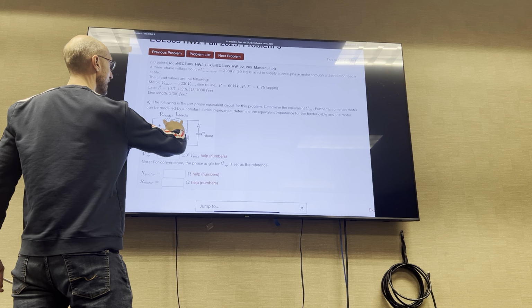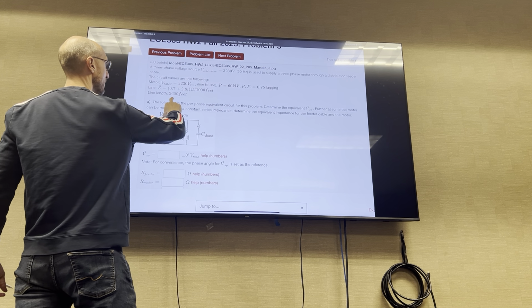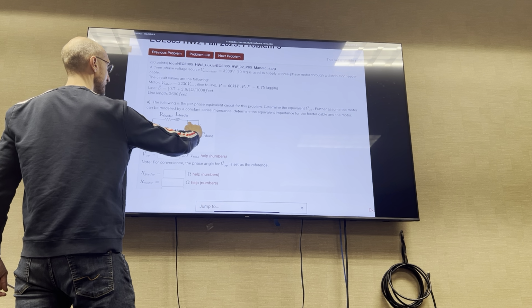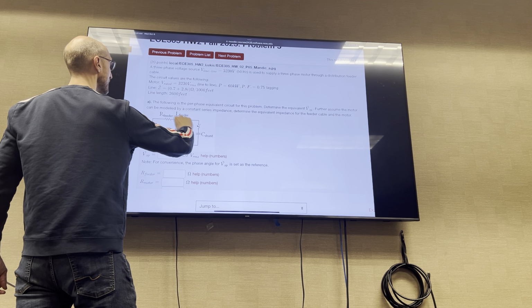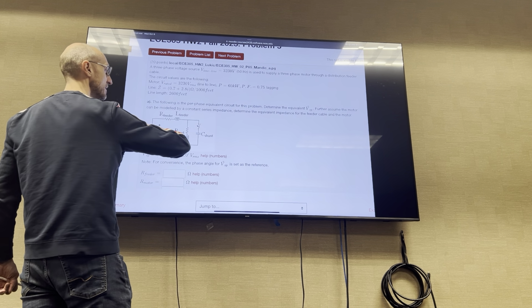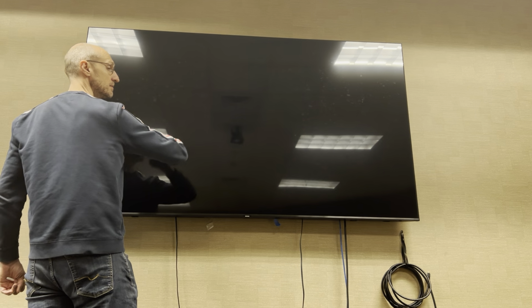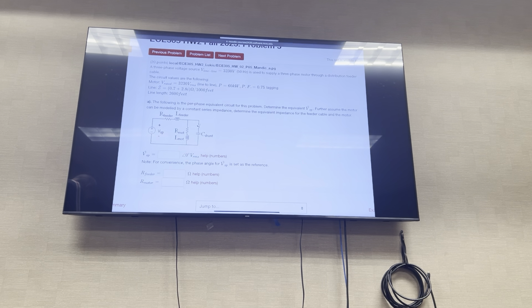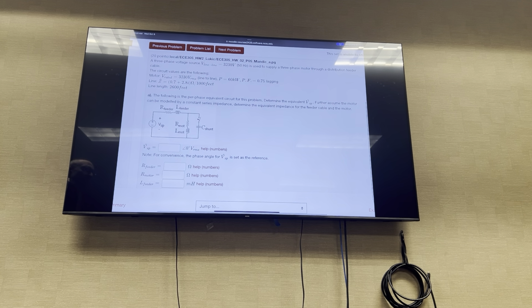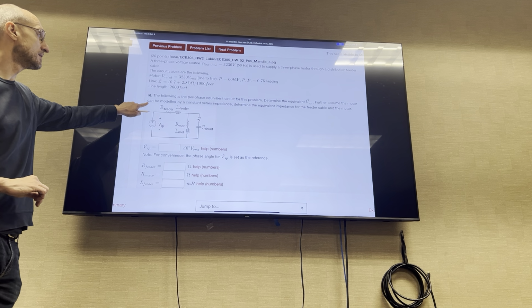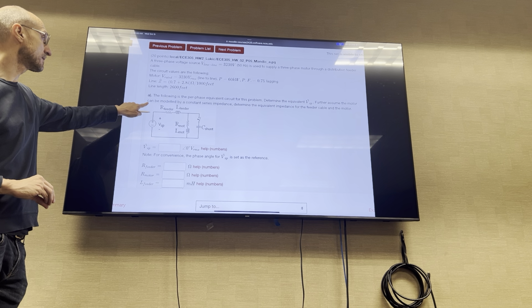Z line is given. I don't have to change anything other than multiply by 2.6. So this is given. You can find this fairly easily. So the following is the per phase equivalent circuit for this problem. Determine the V_SP. The main thing is just because part D in number 6 says this shunt is introduced.